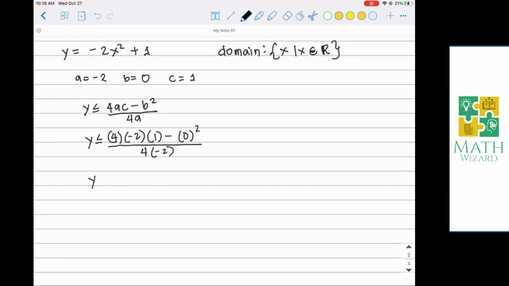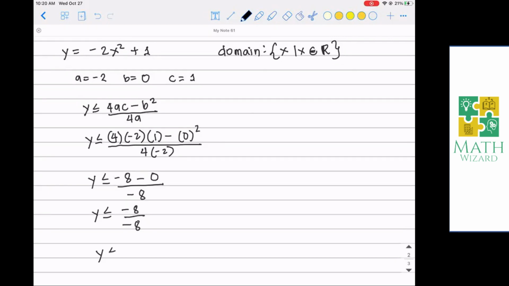So y is less than or equal to 4 times negative 2, which is negative 8, minus 0, over negative 8. So this becomes y less than or equal to negative 8 over negative 8.